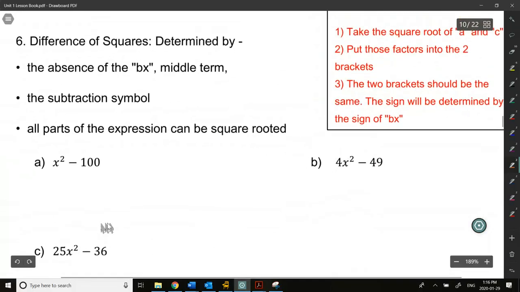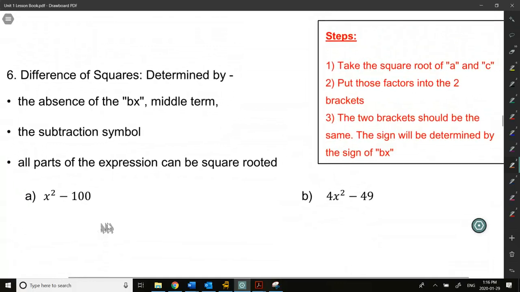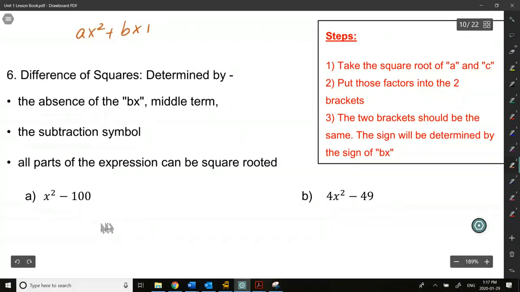Okay, I'm just going to show you guys a couple special types of quadratics that have patterns that we can quick factor. One of them is difference of squares. Difference of squares needs to have 3 things in order to be able to quick factor into the difference of squares pattern. The first one is that out of ax squared plus bx plus c, you actually won't see the bx term if it's a difference of squares.